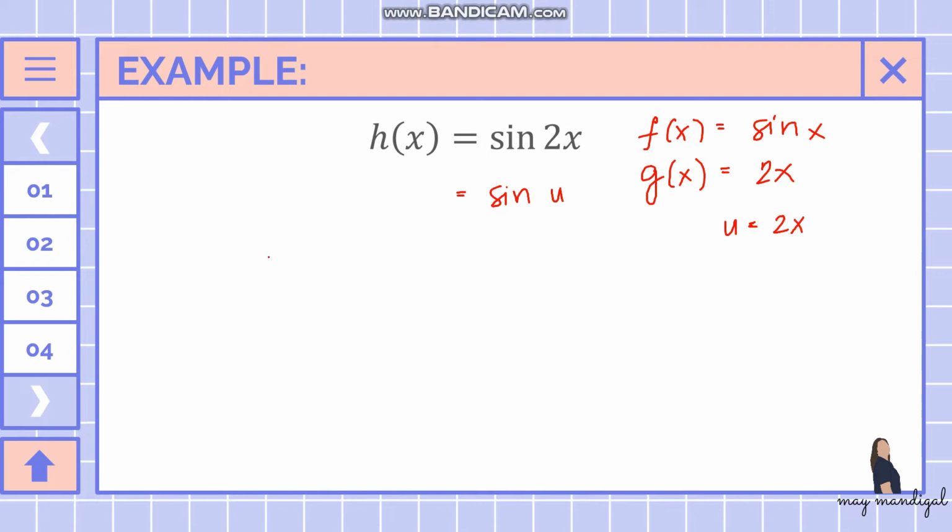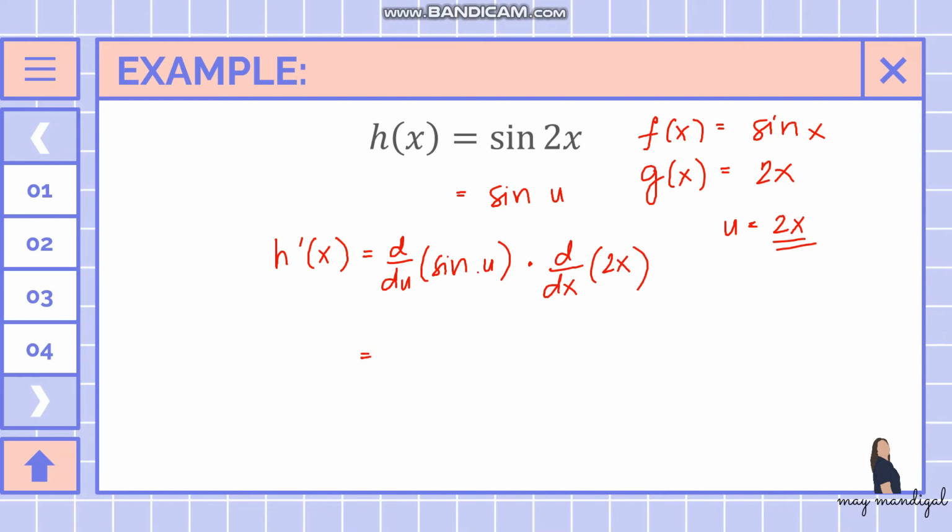Okay, and then let's apply now the chain rule. So you get the derivative of the outer function, sine u, then multiply it by the derivative of your inner function, which is 2x.